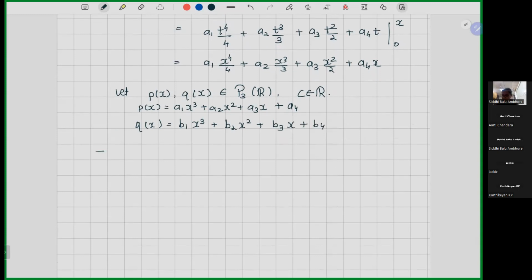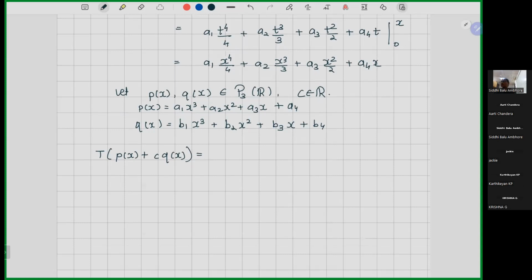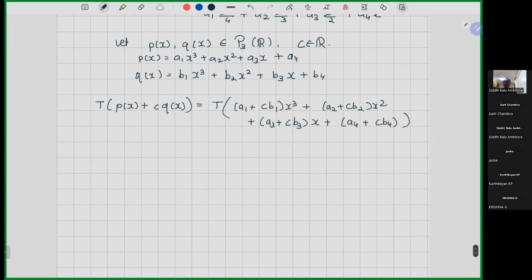Then T of P of x plus c Q of x will be T of (a1 plus c b1) x cube plus (a2 plus c b2) x square plus (a3 plus c b3) x plus (a4 plus c b4). I'm just writing what P plus cQ is.